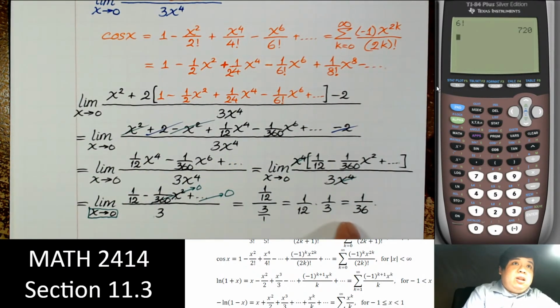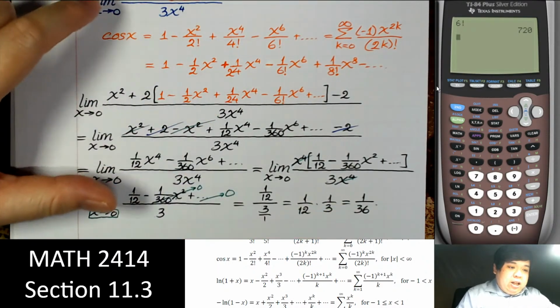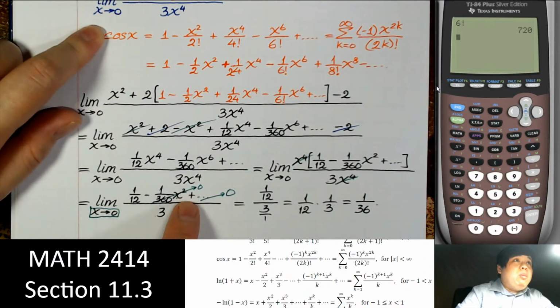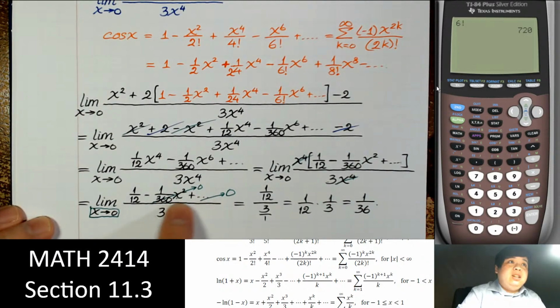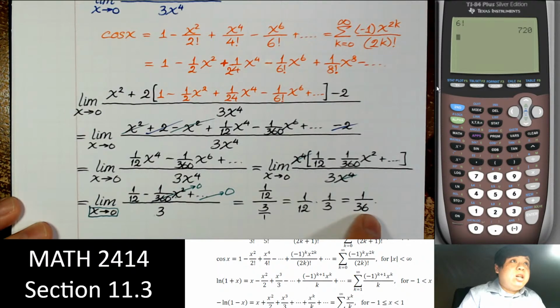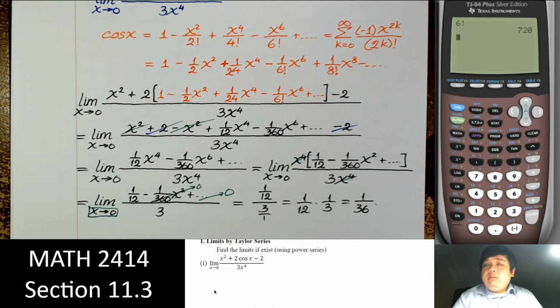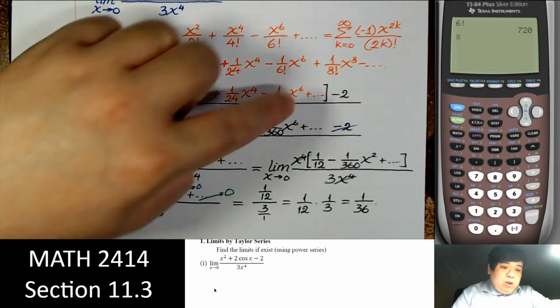And this is as good as the exact value, because in this problem x goes to 0, so anything after that is going to 0. So this is not an approximation, but an exact value. So like I said, we can use the series.